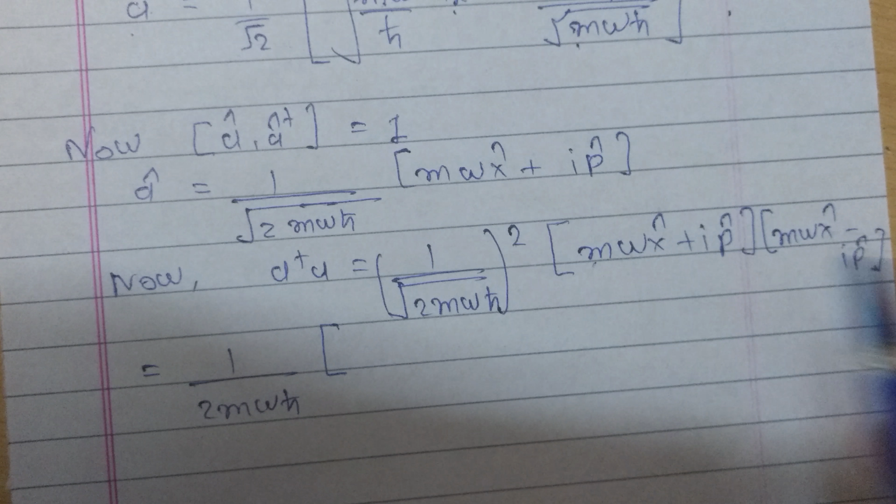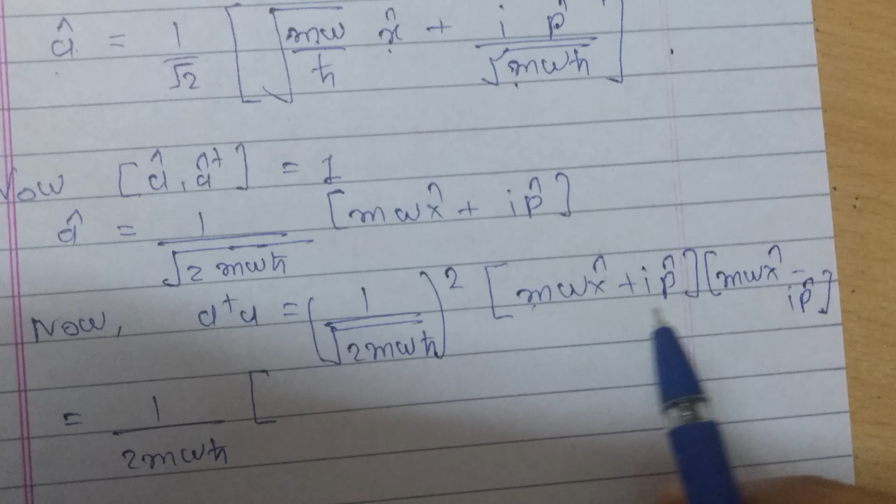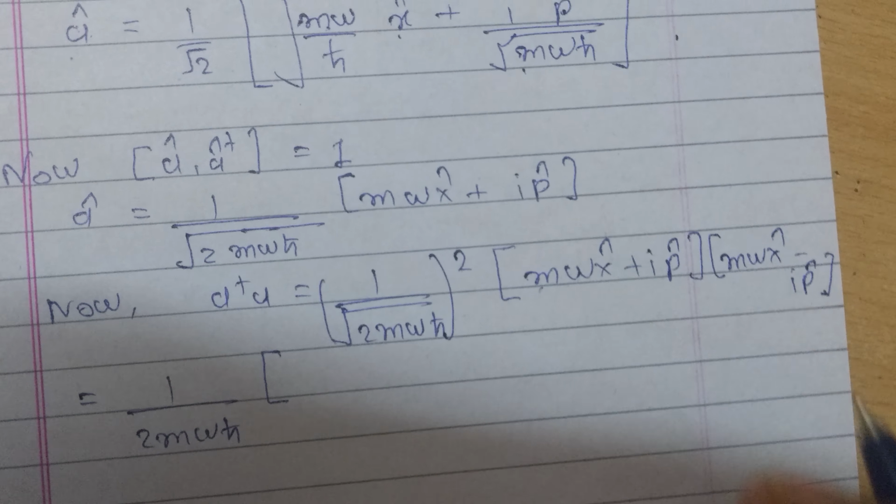Here we know that m omega is a scalar, but x cap is an operator, so it will operate, it won't get multiplied. So this is basically m omega x cap squared.